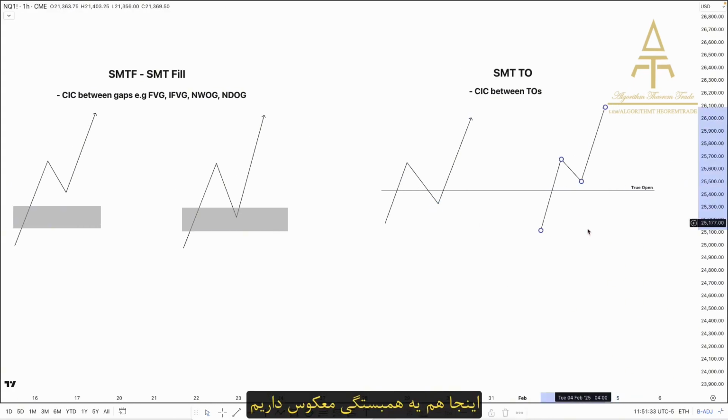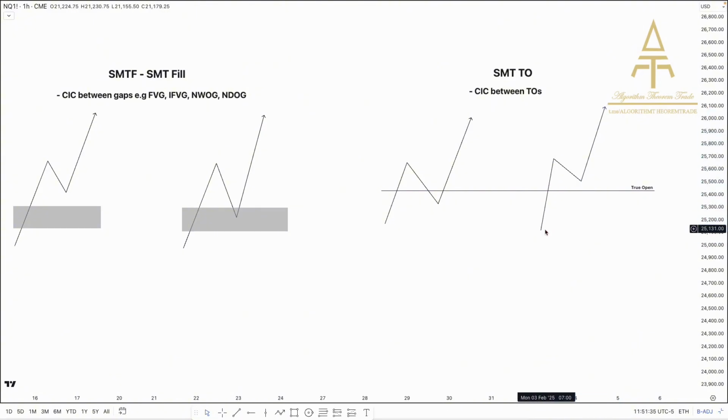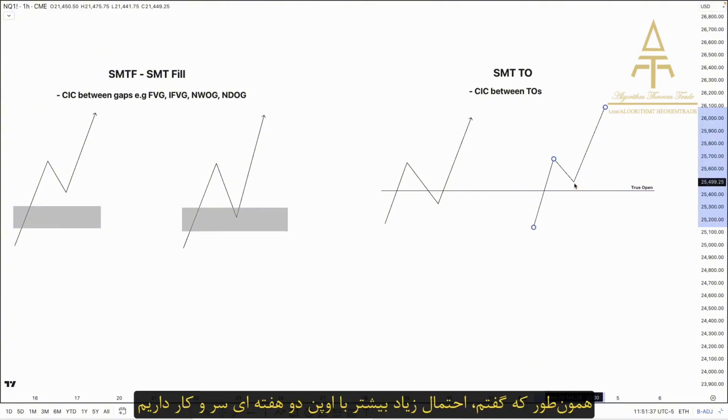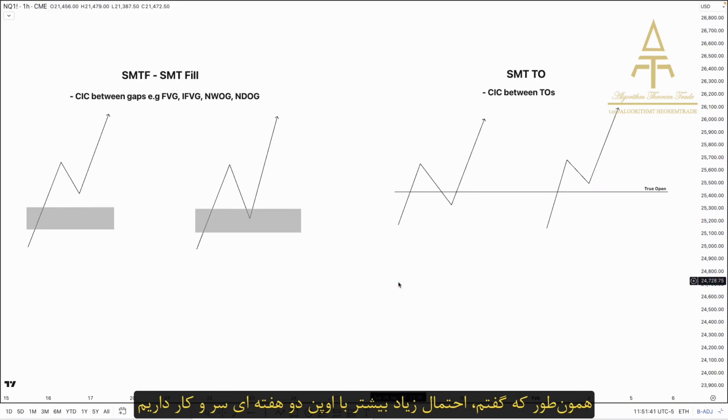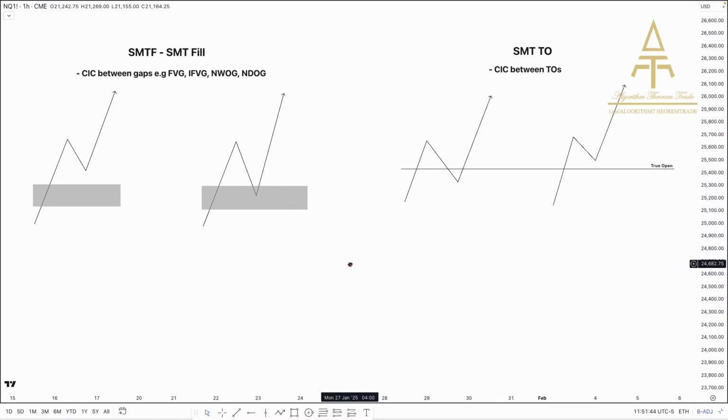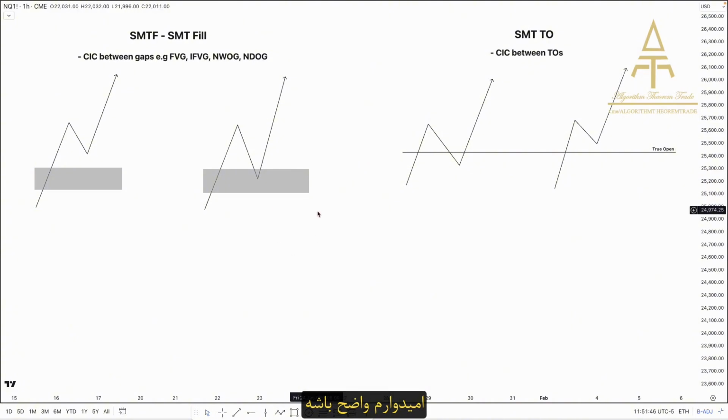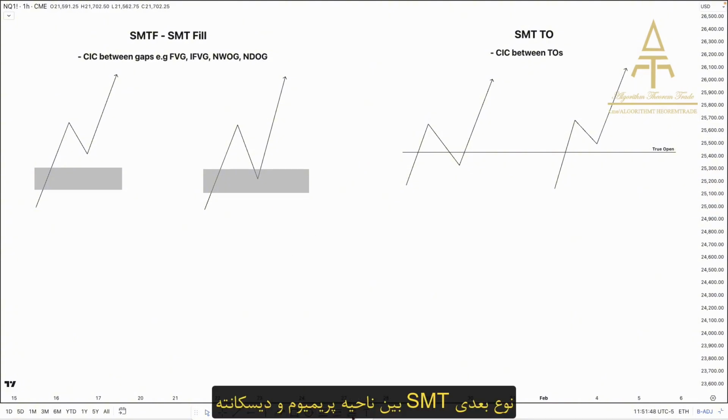This here is also a cracking correlation. And as I said, this will most likely be the true week open that we'll be paying attention to. Hopefully that makes sense.